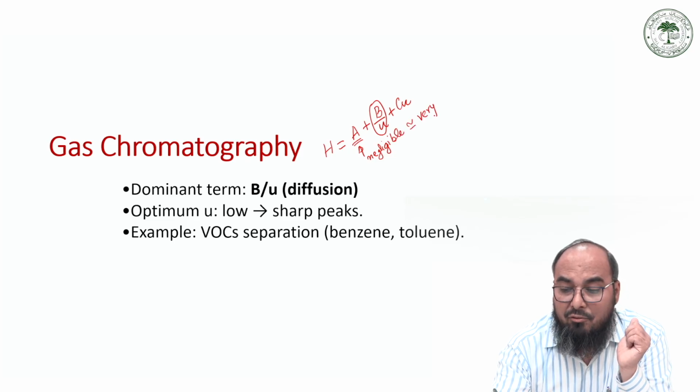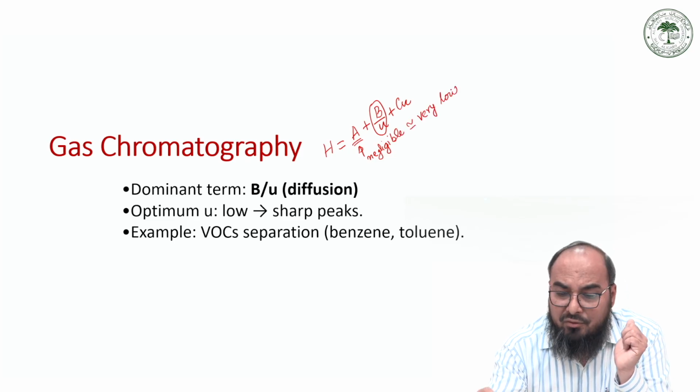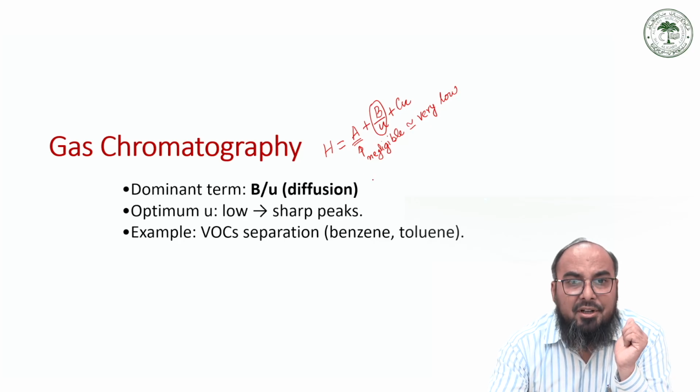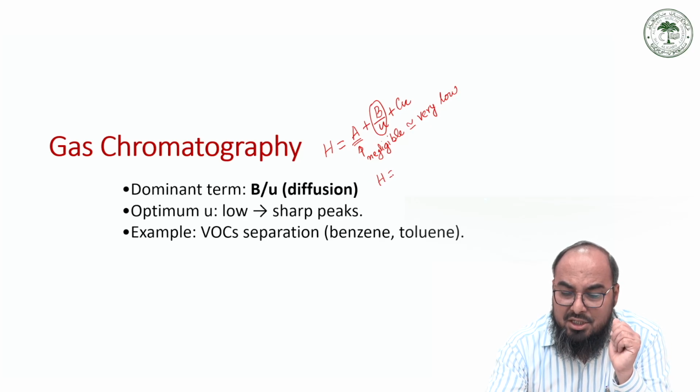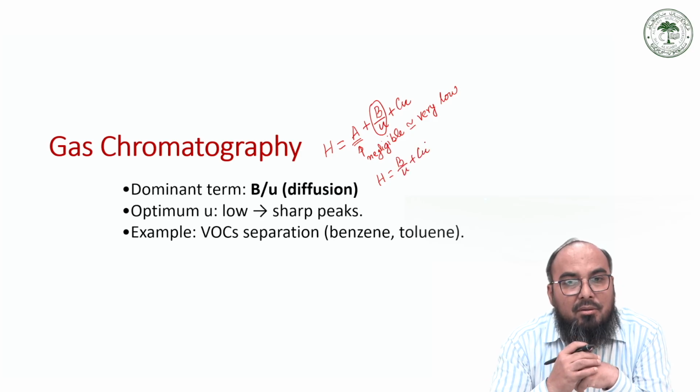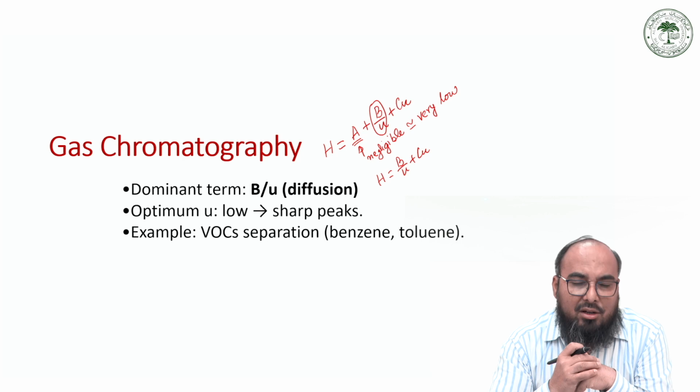Because of this, the Van Deemeter equation for gas chromatography becomes H is equal to B upon U plus Cu.